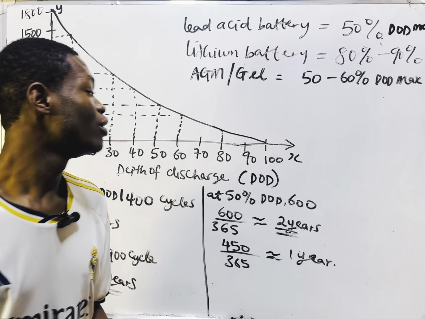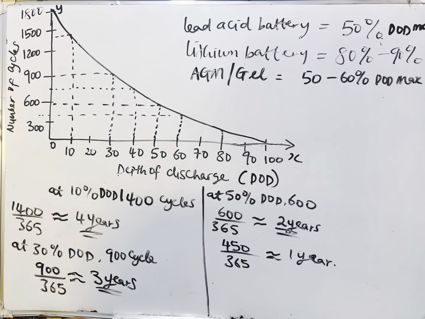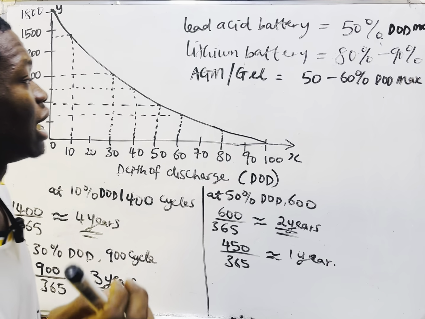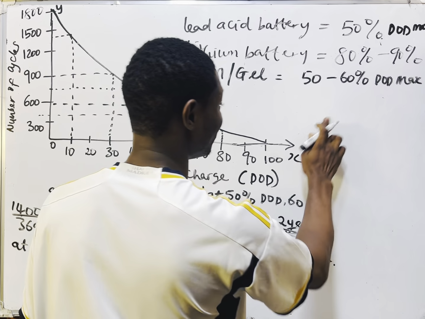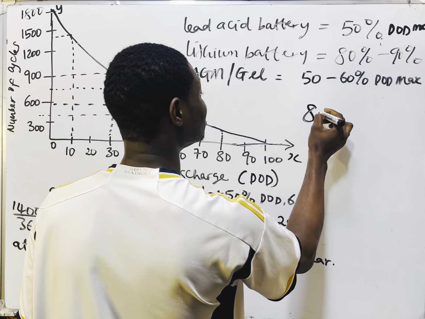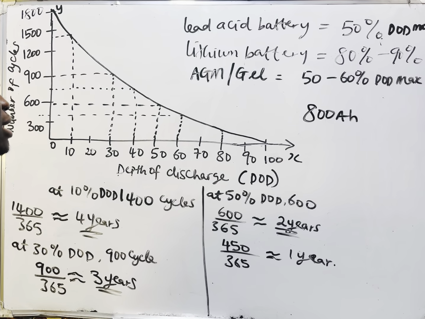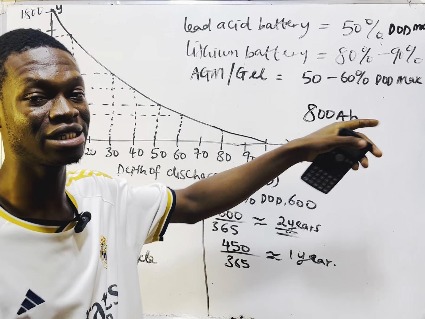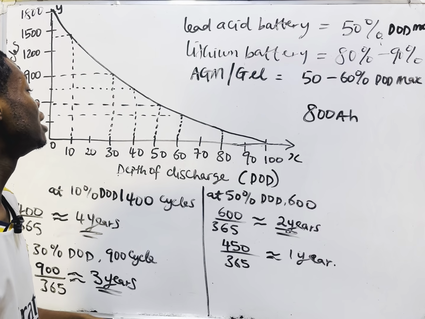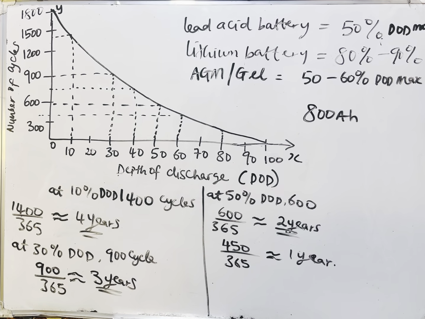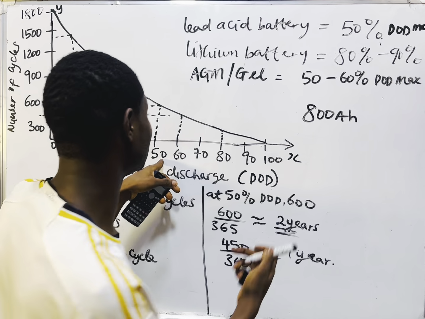Now all these things also depend on the amp hour of the battery. For example, you are using 800 amp hour. How many amp hours will it be drawing at, let me say, 50% DOD?